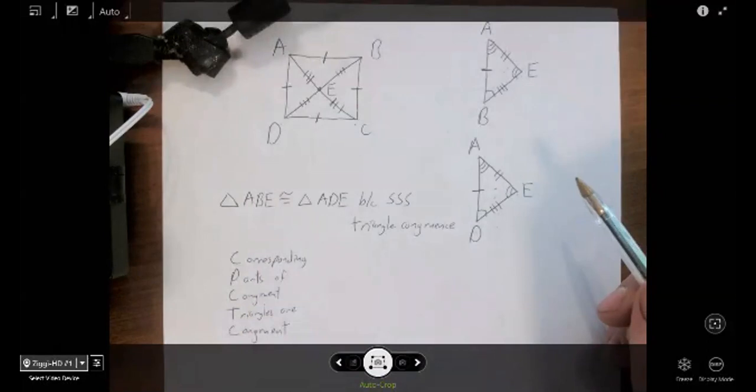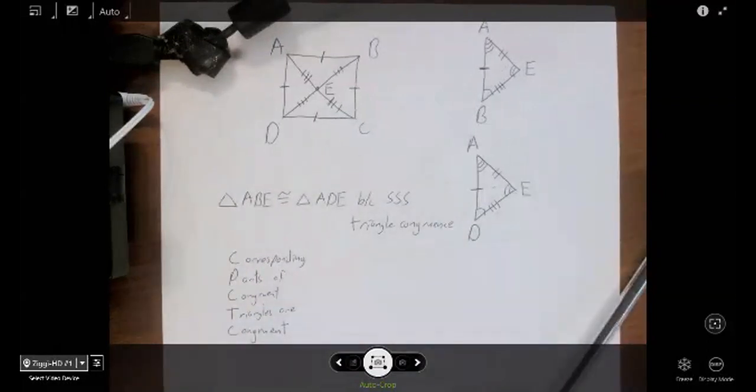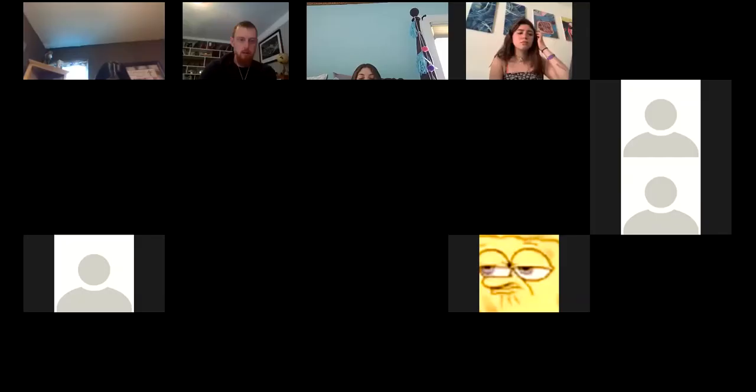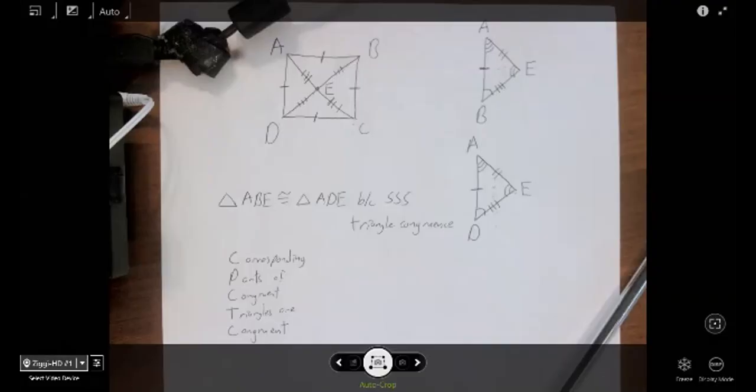So what is that telling us? The whole goal of this problem was to be able to prove that the diagonals are perpendicular to each other. Let's look back at what we've got here.